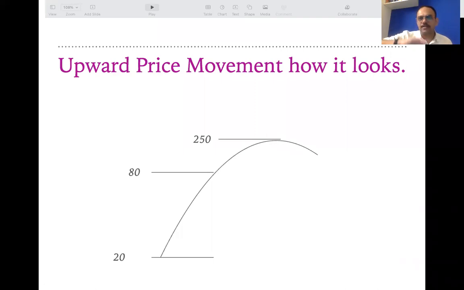The objective of showing this diagram was, when you are looking at the price action, the chart on TradingView, you will find that the price movement is tapering, it is curving, it is not going up with the same enthusiasm. So when it is tapering like that, that means the enthusiasm of buyers is slowing down.